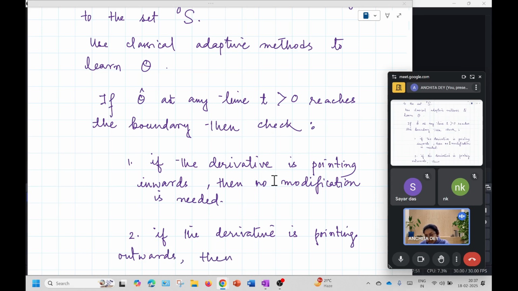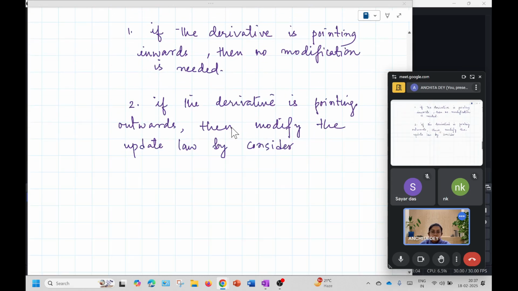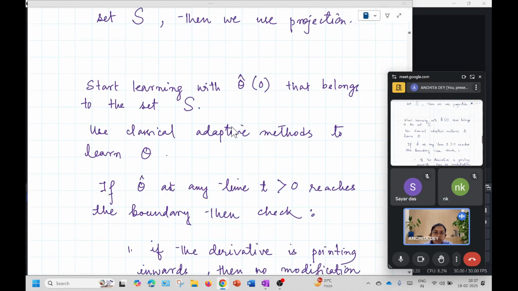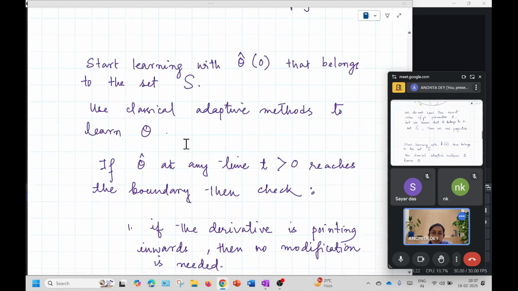So I will just write, then modify the update law by considering its tangential component. If you recall here, this light green line was this tangential component, right?